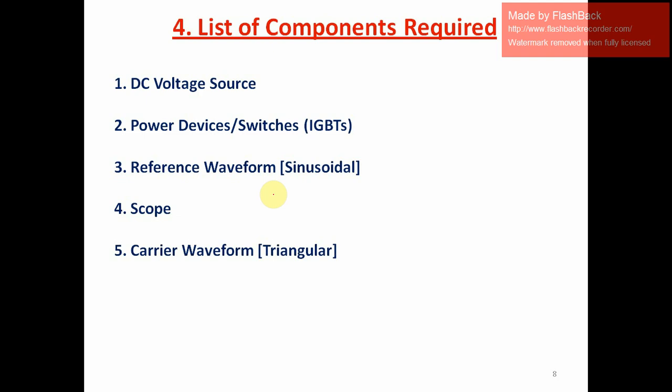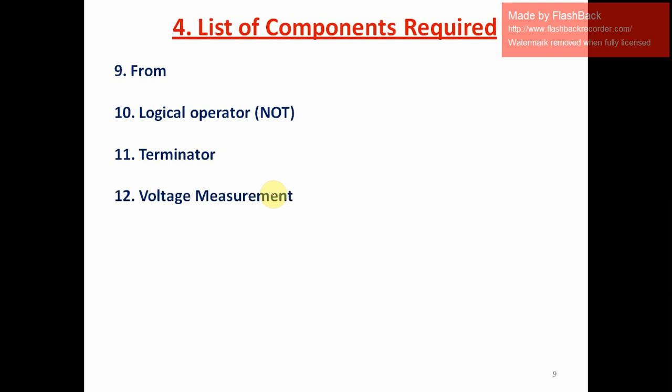We have selected a triangular waveform. Remember, the carrier waveform will have a sufficiently higher frequency than the reference waveform. Our reference waveform will have the fundamental frequency, that means 50 Hertz. The carrier waveform will have around 4000 Hertz. Then a summation block, a compare to constant block as comparator, a goto block, a from block, the logical operator NOT, a terminator, and voltage measurement also.